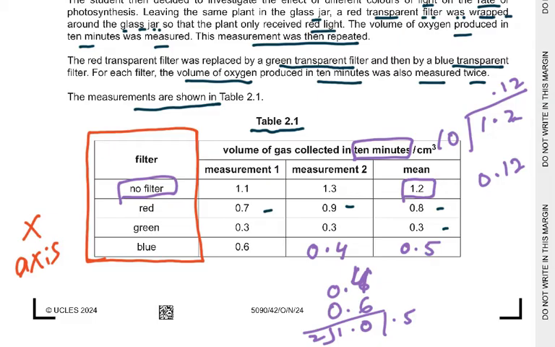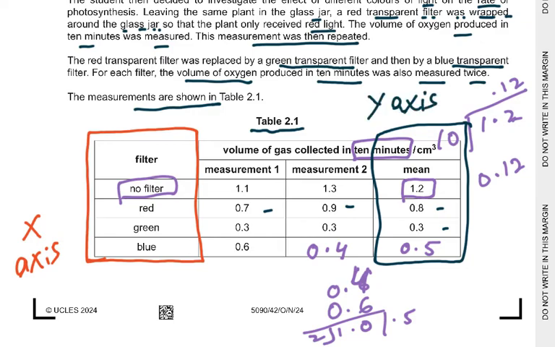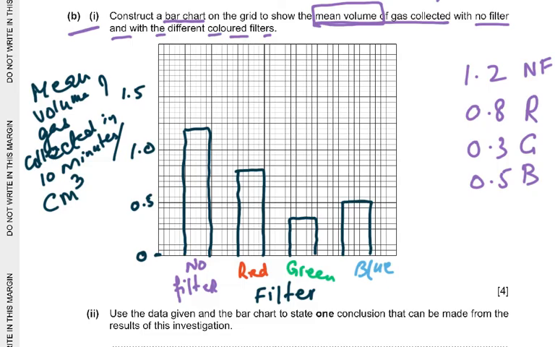And the mean would go on the y-axis. That's the rule. First column is always the independent variable and the next one is the dependent variable which goes on the y-axis. Now we always have to label the x-axis and the y-axis and that gets you 1 mark.